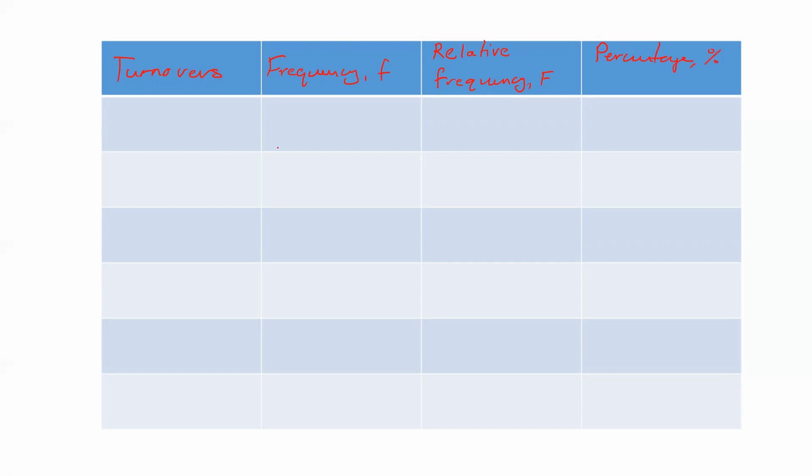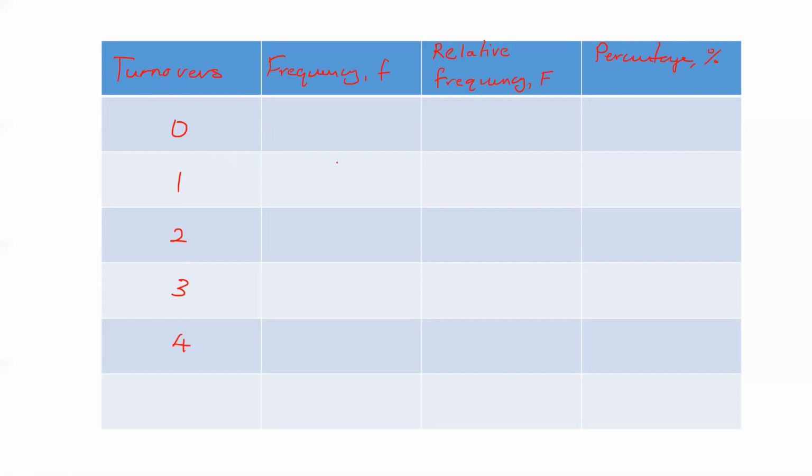As we can see, for the classes of turnovers, the minimum value is 0 and the maximum value is 4. So you can start from 0, 1, 2, 3, and 4.